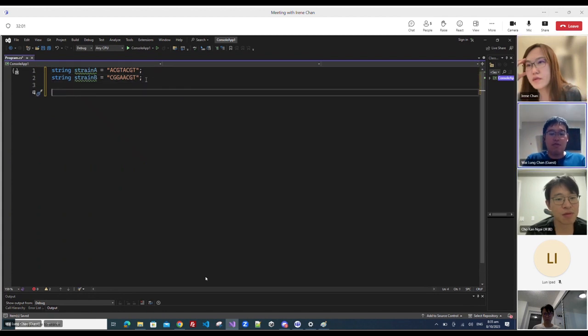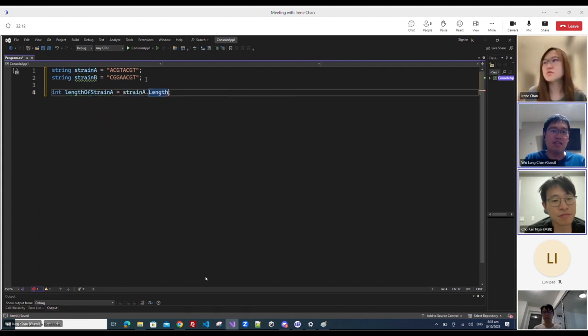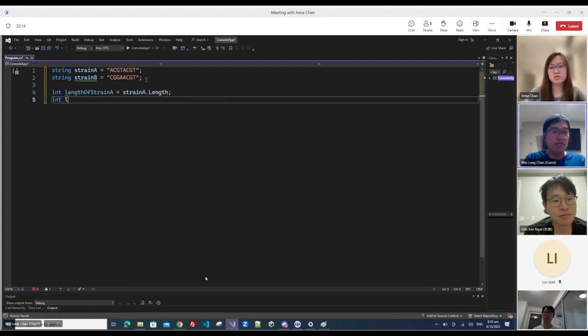So first of all, we have to find the length of string A, which is string A dot length, as an integer, and the same for string B, string B dot length.